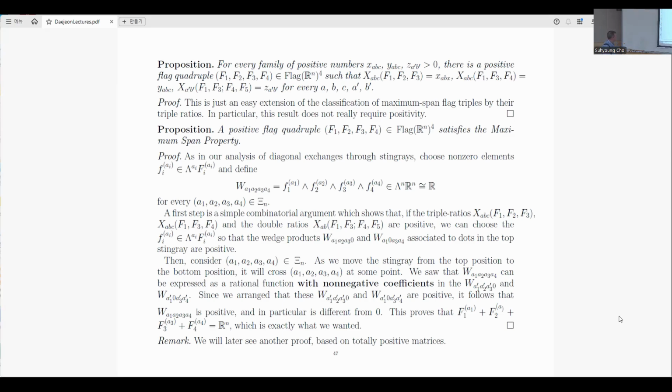And that guarantees that this is never zero. And because it's never zero, that also guarantees that the sum is the whole space, because if it was less than that, then you would have linear relations and the wedge product would be zero, which is exactly what we wanted. Okay, so that's a proof based on stingray.